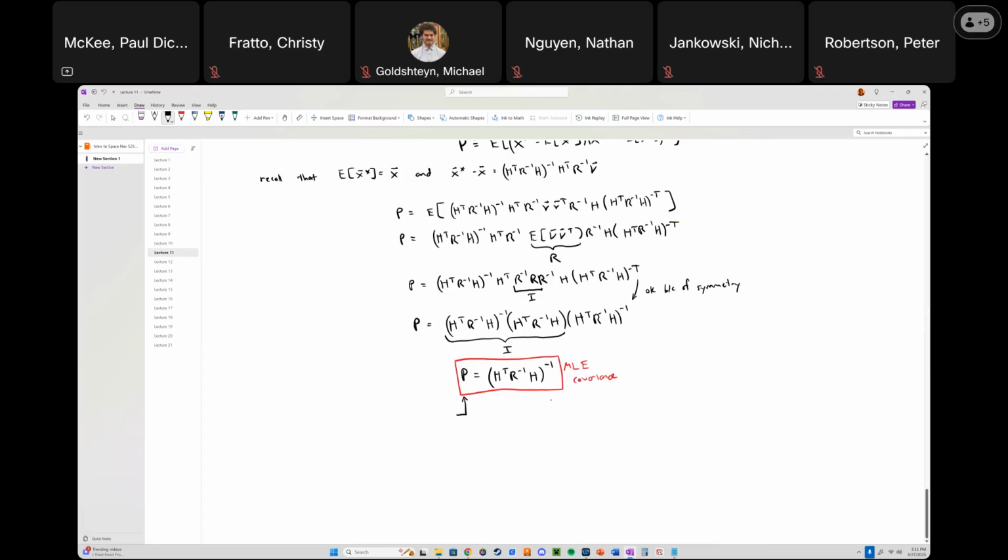How much we distrust our state is a function of R, which is how much we distrust our measurement or measurements, and H, which if you look at the way H is set up, H captures our measurement geometry.